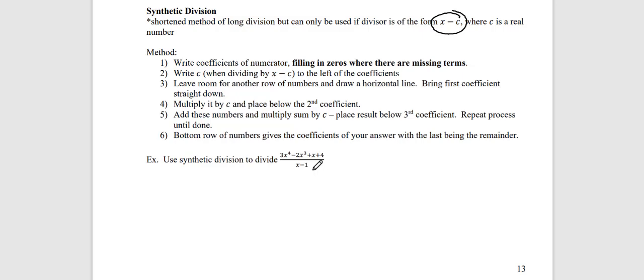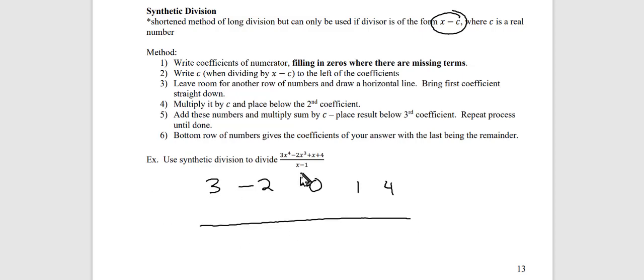Here's how it works. We write the coefficients of that numerator. I'm going to write 3, -2. Here, you absolutely must fill in a 0 because we are not writing the variables, so we can't keep track of them. We're going to leave a little bit of space and draw a horizontal line.